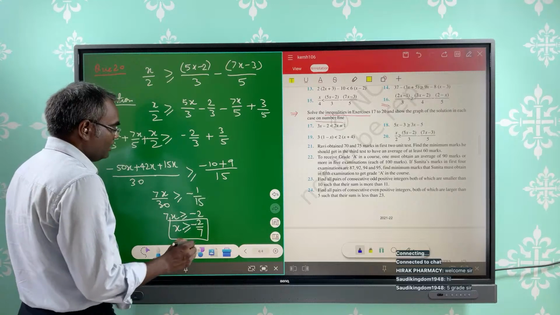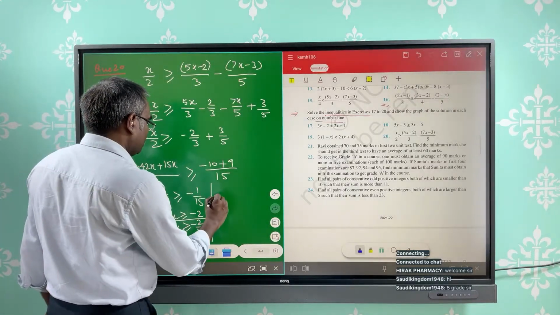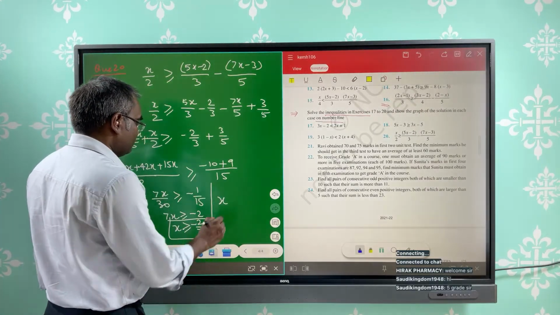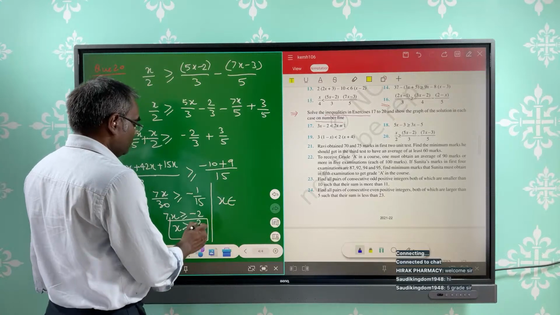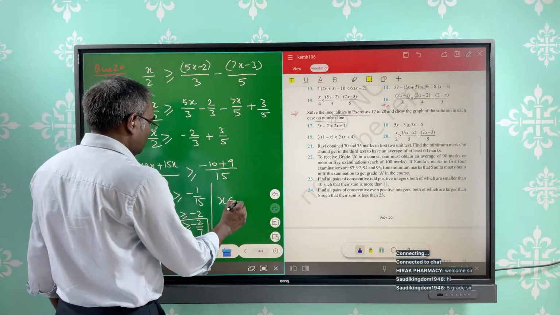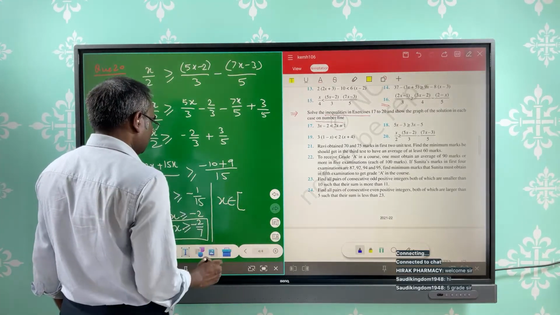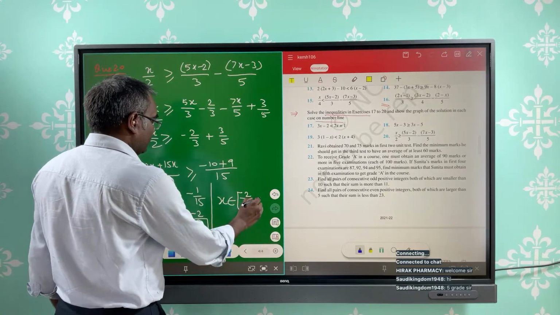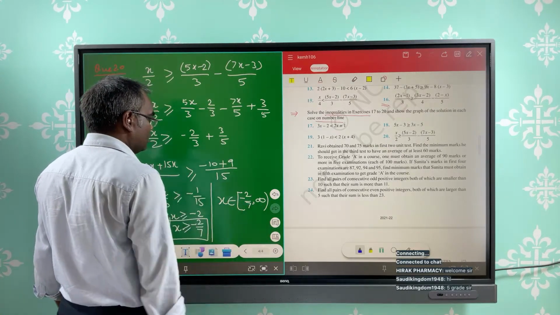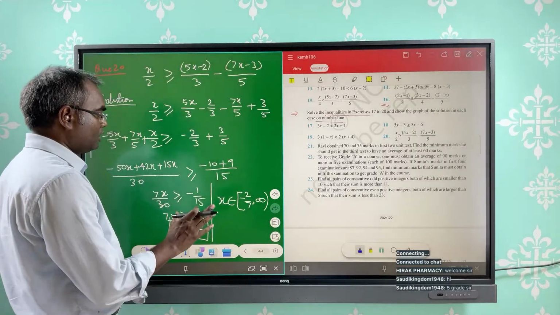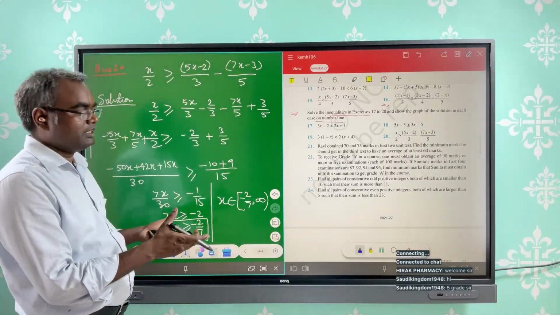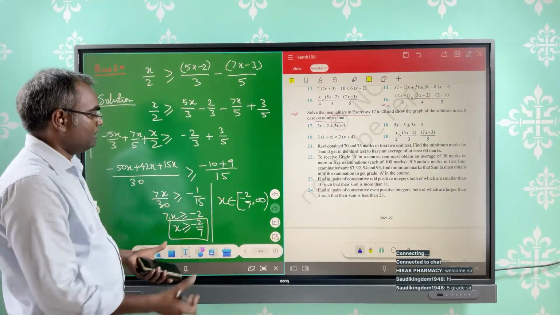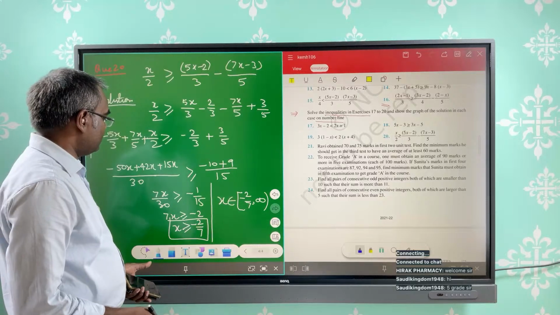That means our value of x belongs to minus 2 by 7 as the lower limit, minus 2 by 7 is included in the solution, and the upper limit is infinity. So our solutions belong to this range, right?